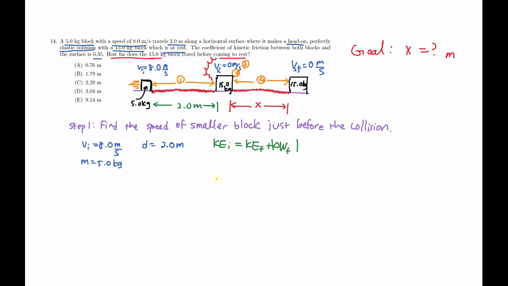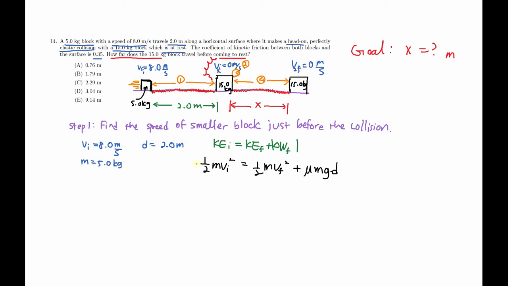So kinetic initial is 1/2 m v initial squared, equals 1/2 m v final squared plus mu, the coefficient of friction, times mg, which is our normal force, and the cosine of 180, but we took the absolute value, so we don't have to worry about that. And that's it. Oh, don't forget the distance.